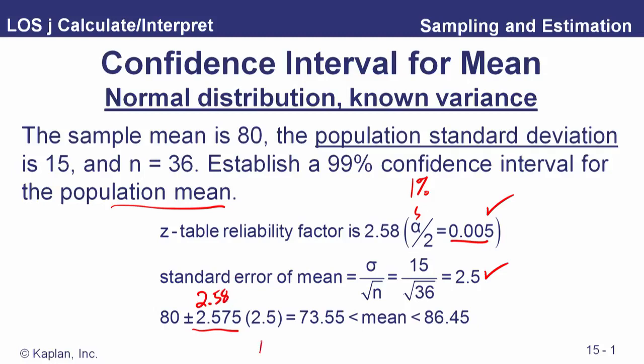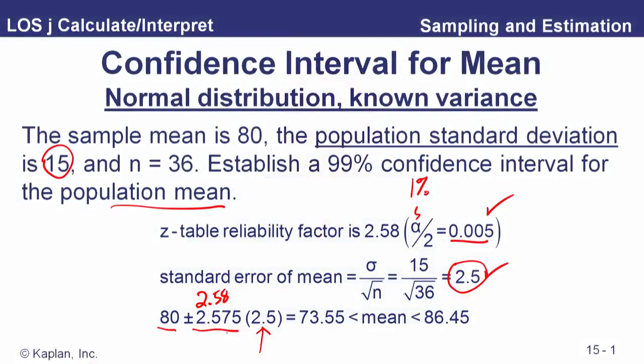And then we put in not the standard deviation of 15. We're going to put in our standard error, because it's a confidence interval not on a single observation, but on the mean of 36 observations. If we wanted a confidence interval on a single observation, we'd use the standard deviation of 15.